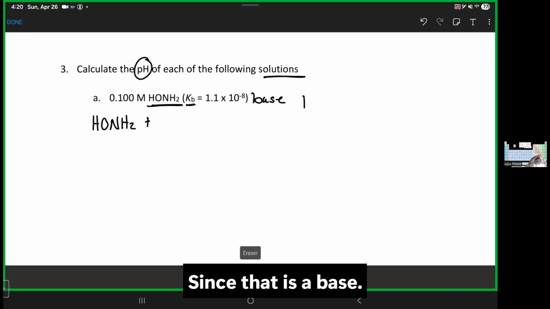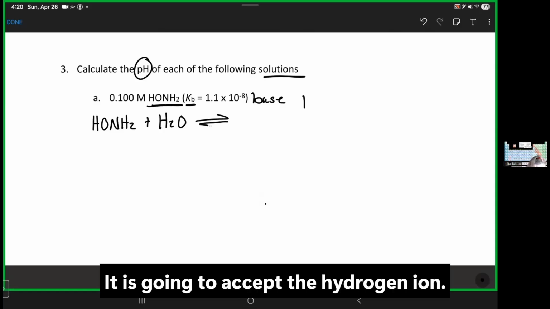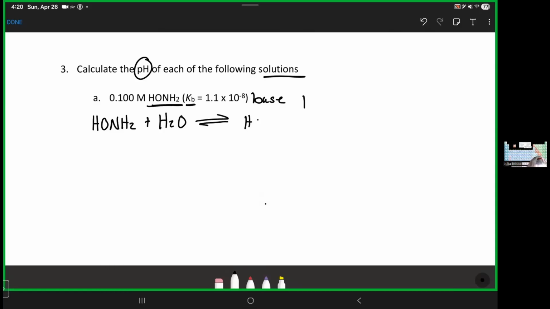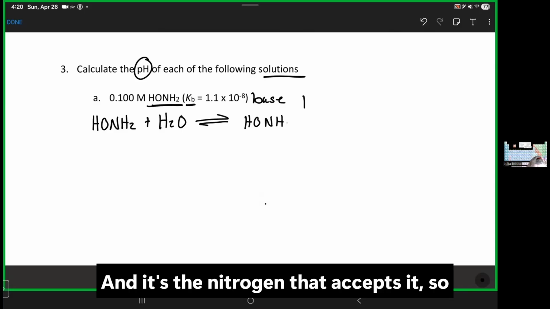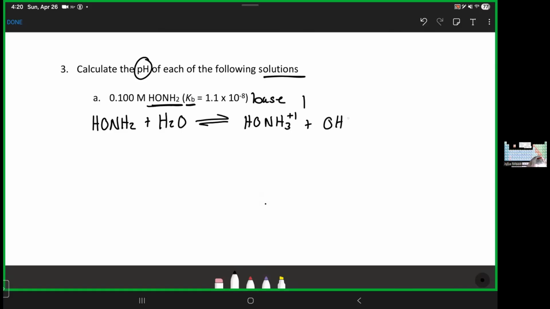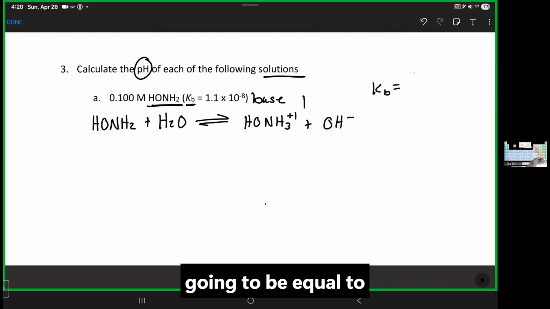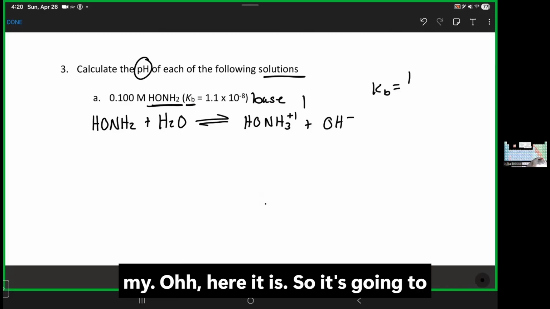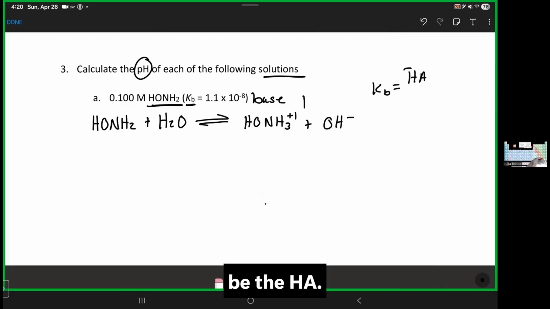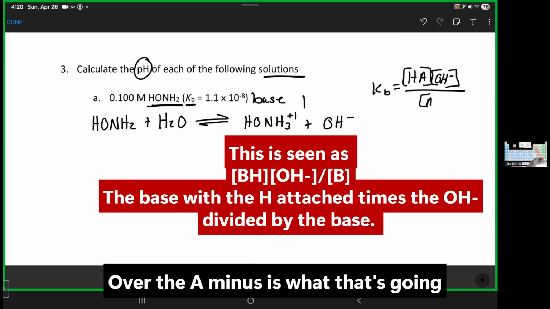Since that is a base, it is going to accept the hydrogen ion. And it's the nitrogen that accepts it, so I'm putting it over there. Okay, so my Kb is going to be equal to the HA times the OH minus over the A minus.